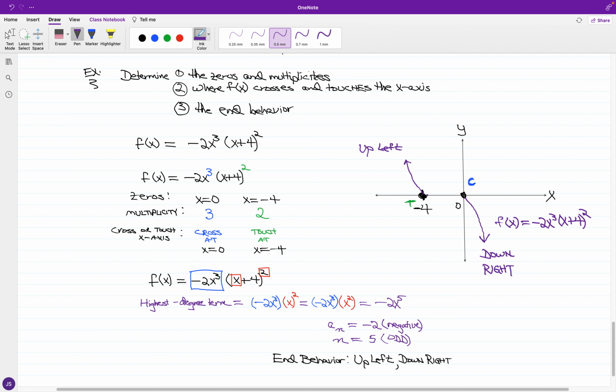It's not going to cross the x-axis, it's essentially going to bounce, and it's going to rise, and then it's going to start to dip, and once I get to the origin, or x equal to 0, the graph is going to cross the x-axis, and the rest of the activity will be downward motion. So that will be the essentials of what we have for this particular polynomial function.